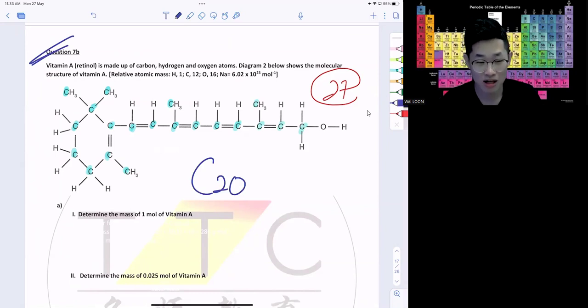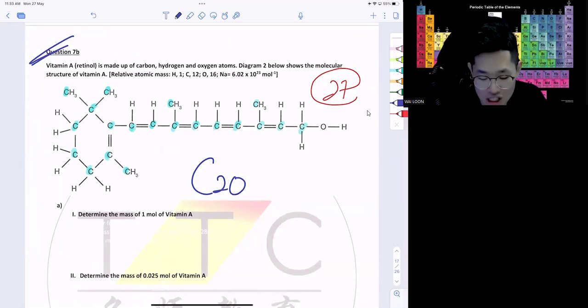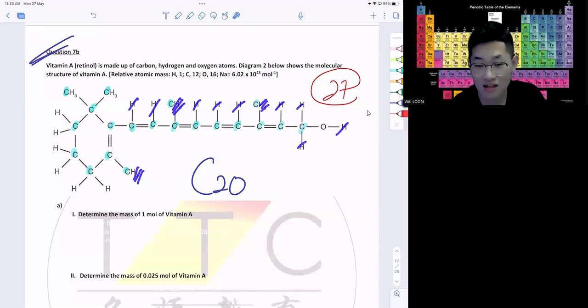You help me to count also, just in case I count wrongly. Okay, C20. And then H. How will you calculate the H? Count there how many H. How many?